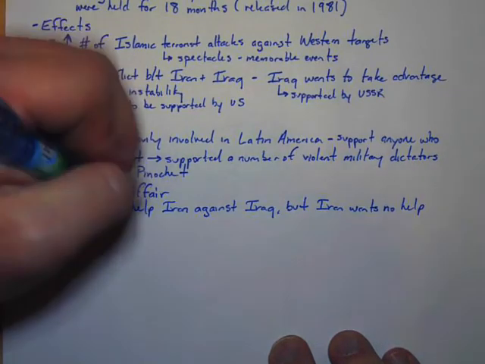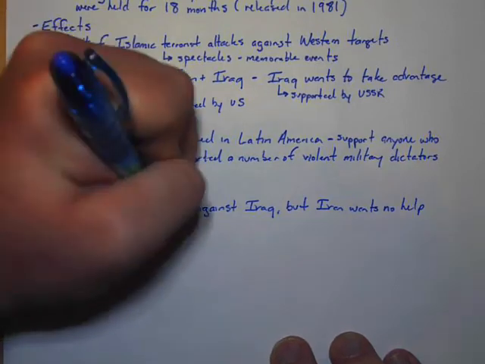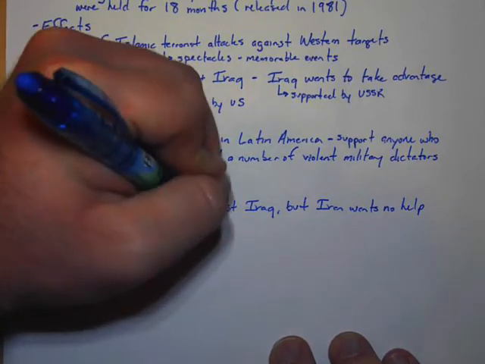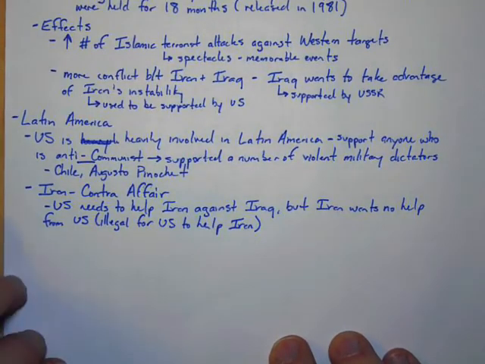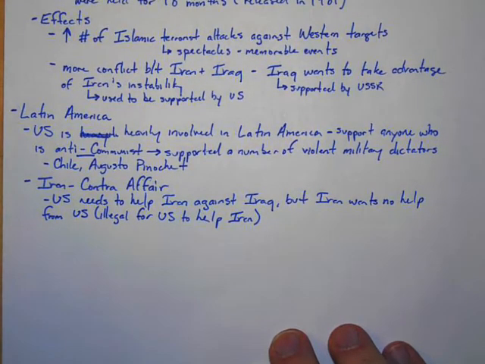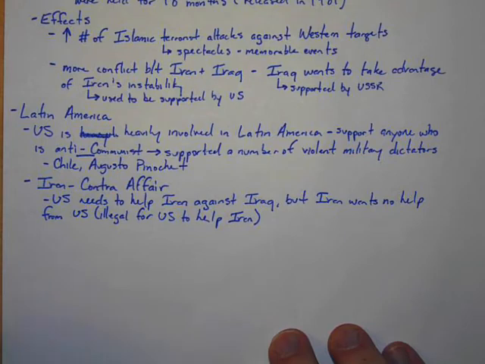And it was actually illegal for the United States to help Iran. So after the Iranian Revolution, the United States passed laws that said it was illegal to aid Iran in any way.